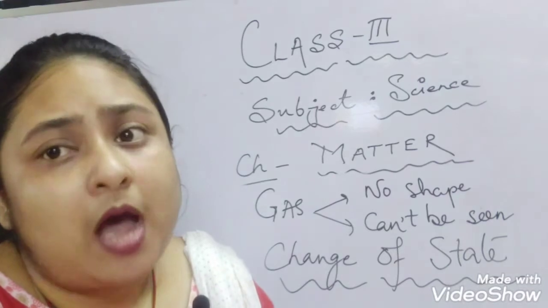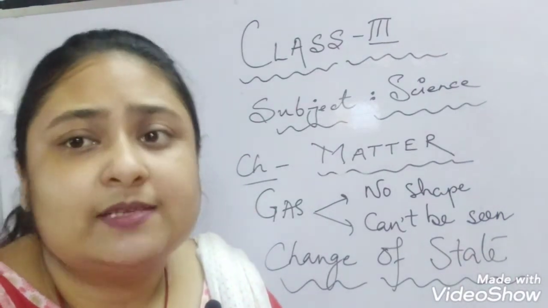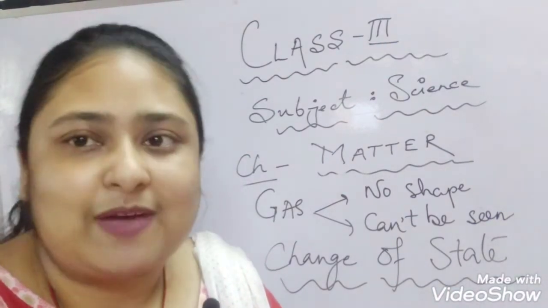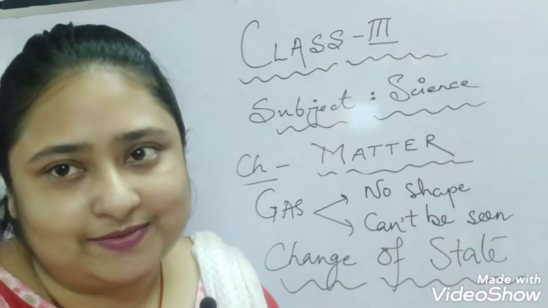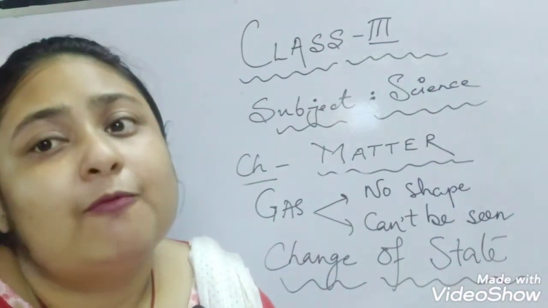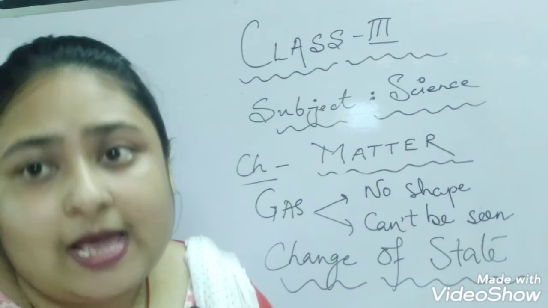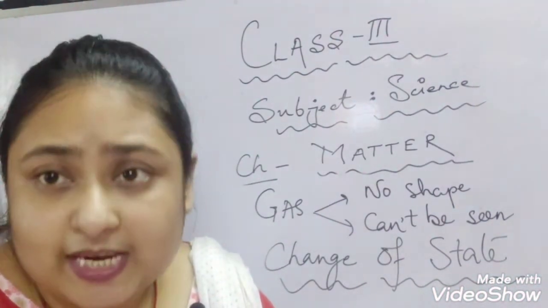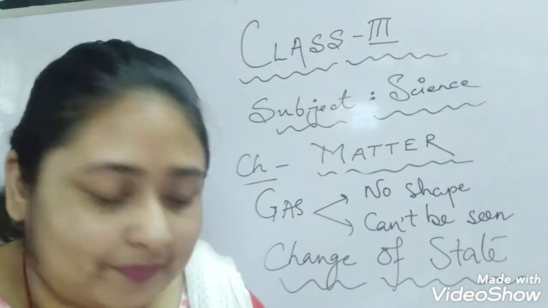But how do all these matter change their forms? Let's find out under this topic. So children, matter can change from one form to another, and this process is known as change of state of matter.